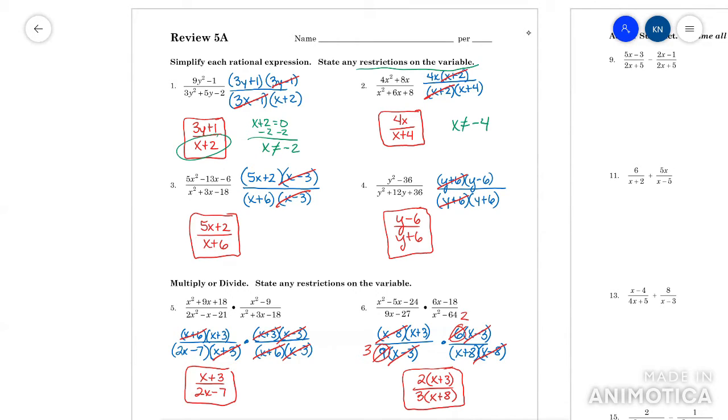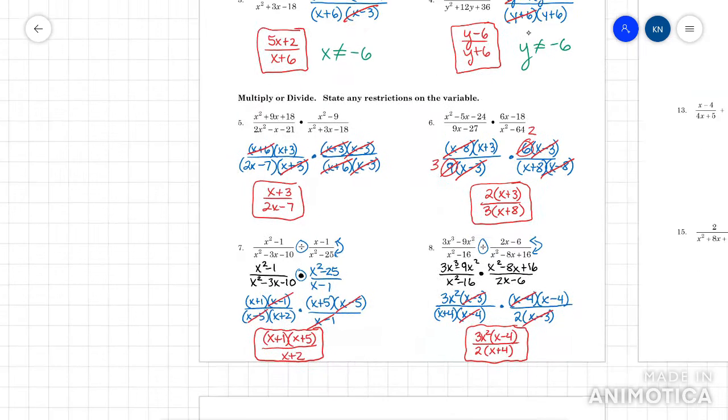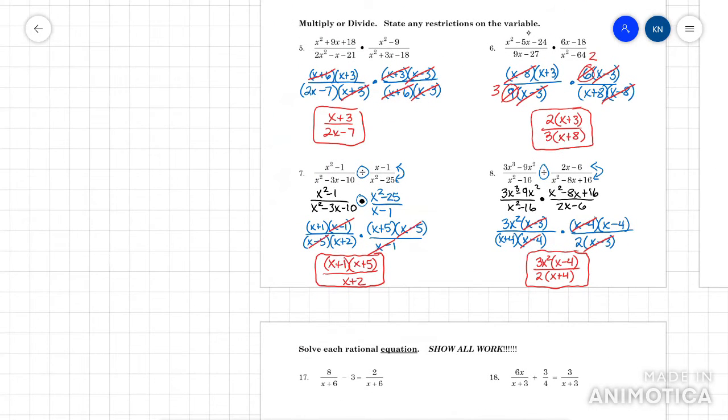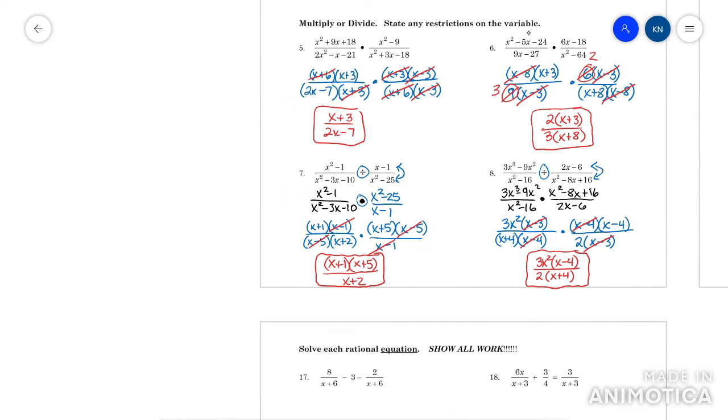This one, x could not be -6. Y could not be -6. Okay, now this one is a little trickier. You have to take that 2x minus 7, set it equal to 0, and solve it. So I'll show my work on that one. Add 7.